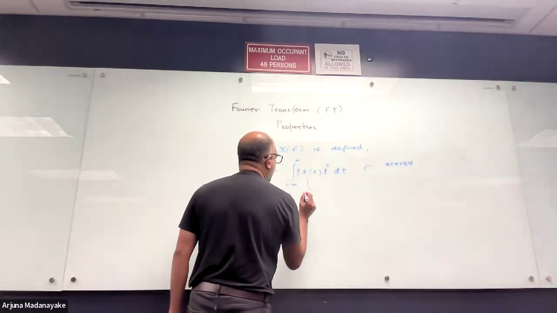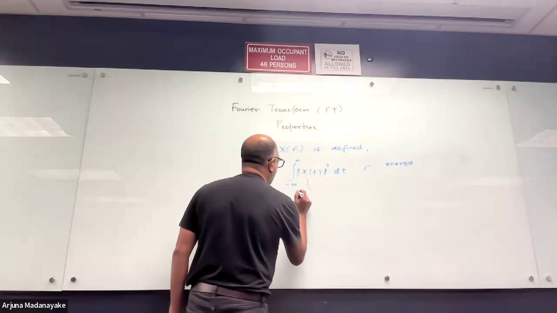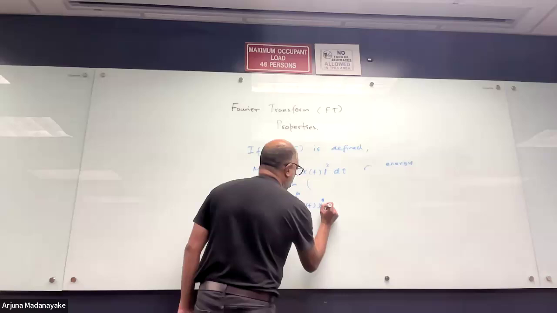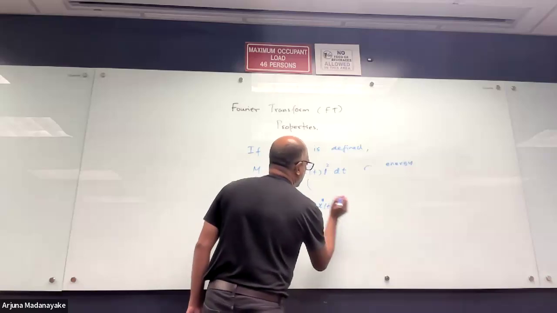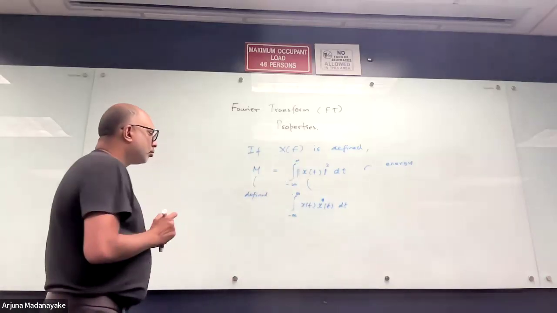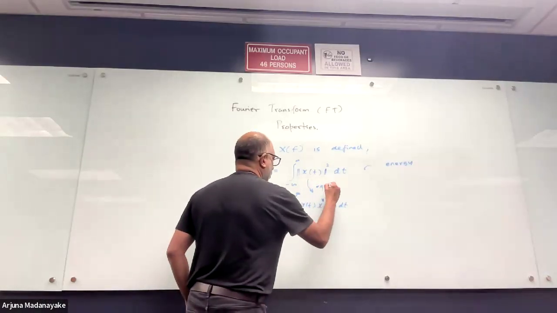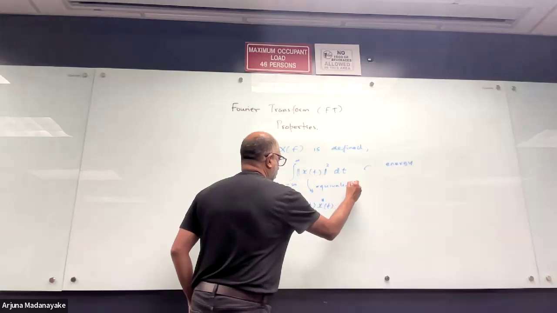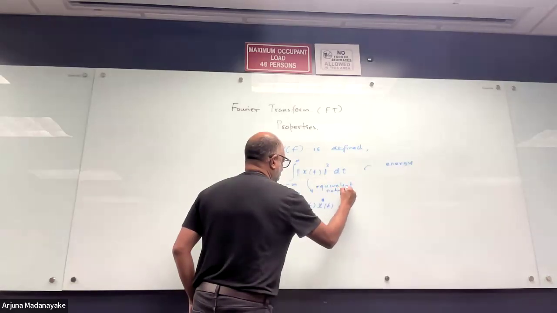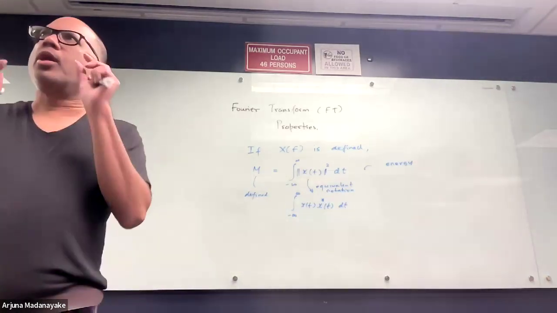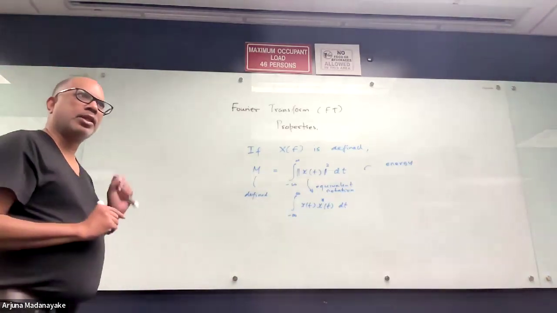So you can also write this, in complex numbers, as x of t times x conjugate of t. It's just notation. You can either write it as the absolute value, or you can write x of t times x conjugate of t. The same.